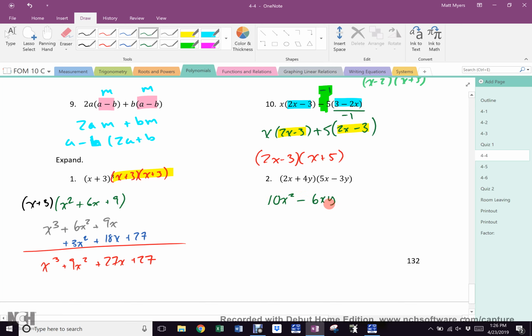What will the second line be? Plus 20xy minus 12y squared. And then I collect. 10x squared plus 14xy minus 12y squared.